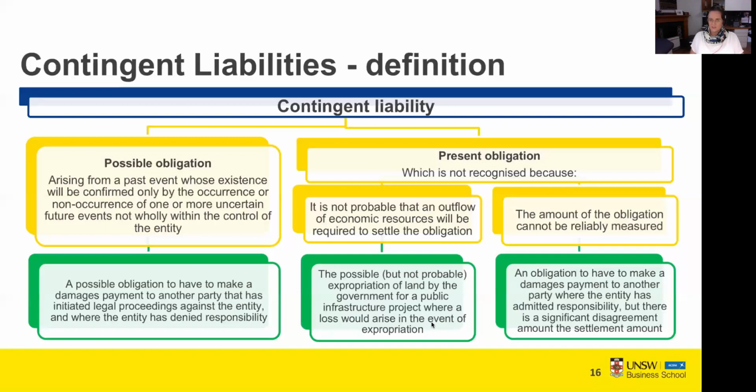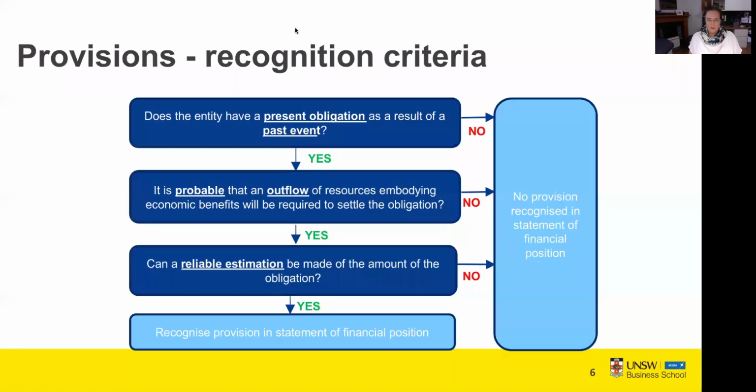Most of the contingent liabilities that we will come across will be either because we have only a possible obligation or because we have a present obligation, but we are not able to reliably measure. So at this point, it may be helpful for us to go back to our original recognition criteria.